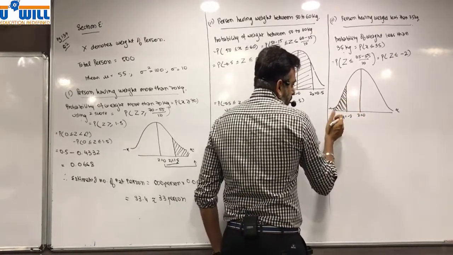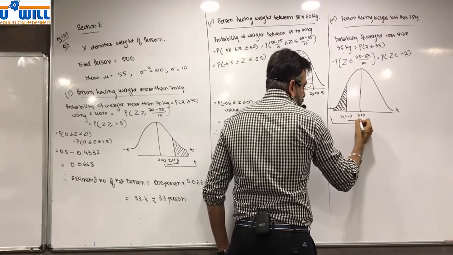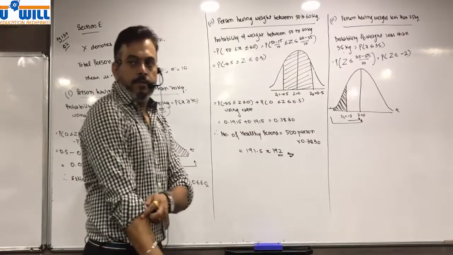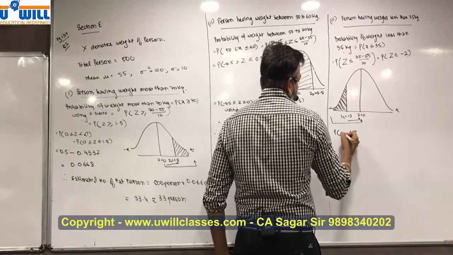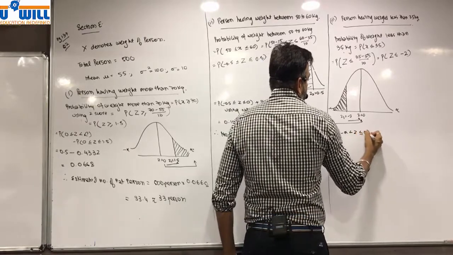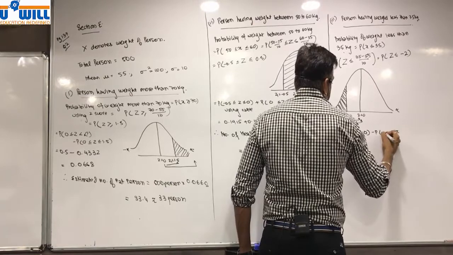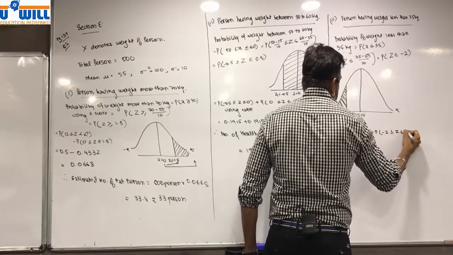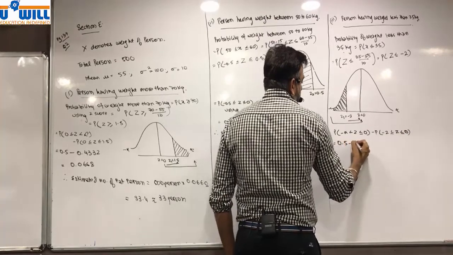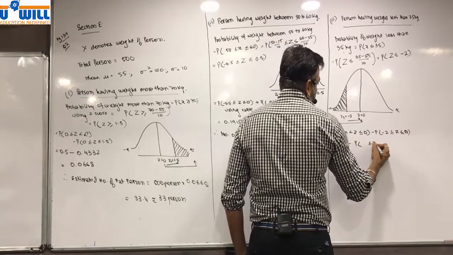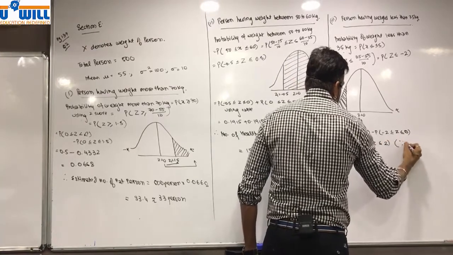Now we will take minus infinity to 0 and minus 2 to 0. So we make the equation: probability of z greater than minus infinity, less than equal to 0, minus probability of z greater than equal to minus 2, less than equal to 0. We convert it: 0.5 minus probability of z greater than equal to 0, less than equal to 2, because it is symmetric.